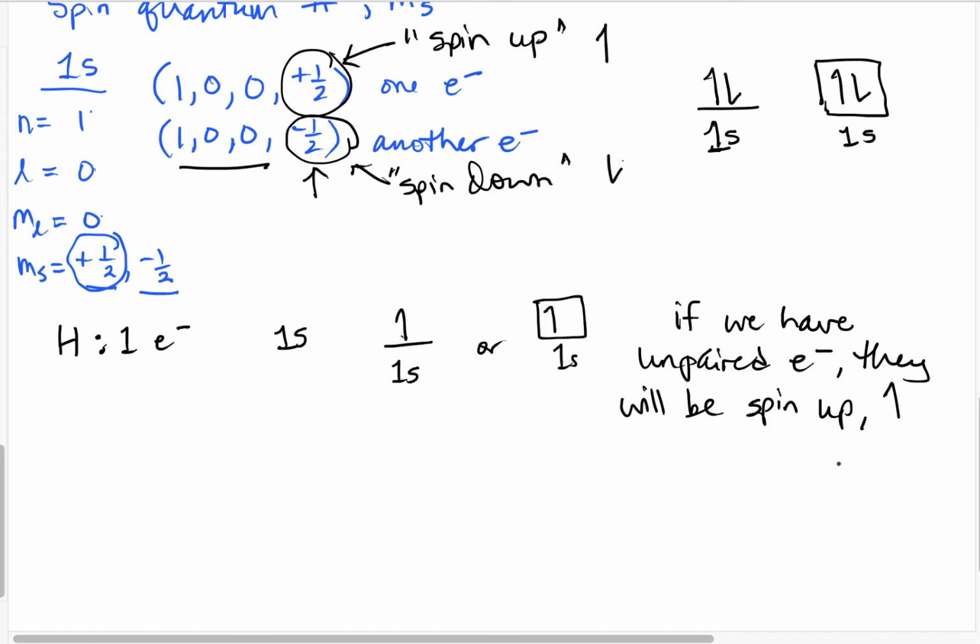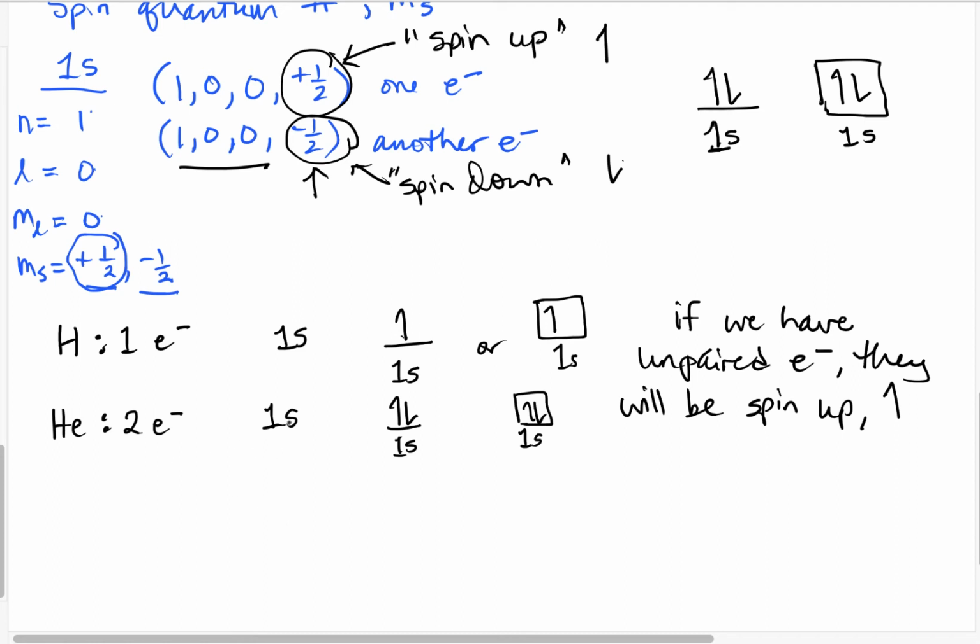Okay, so if we have multiple electrons now, like if we have helium, that's 2 electrons, right? It has 2 protons, 2 neutrons, 2 electrons. So we're still going to have 1s orbitals, and we're going to have 2 of them. So we would have up, down for our 1s, or in our little orbital box.